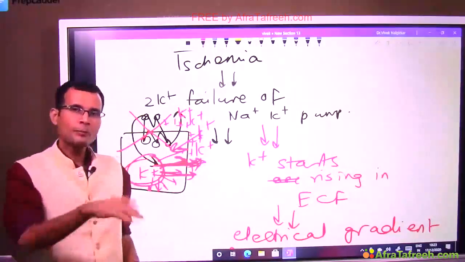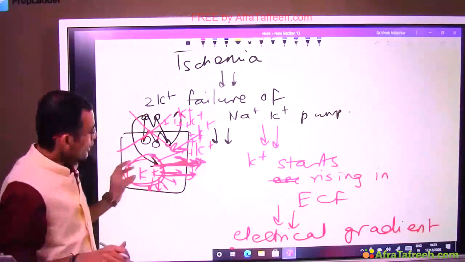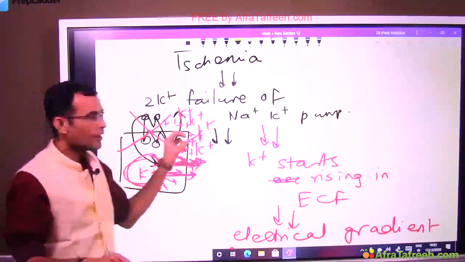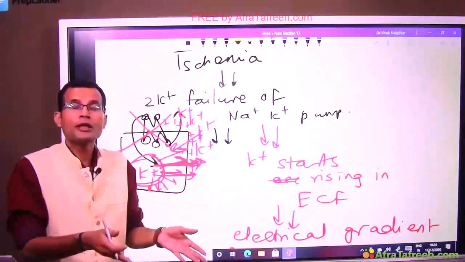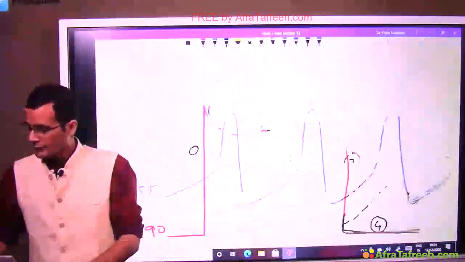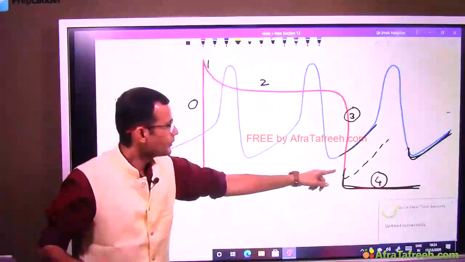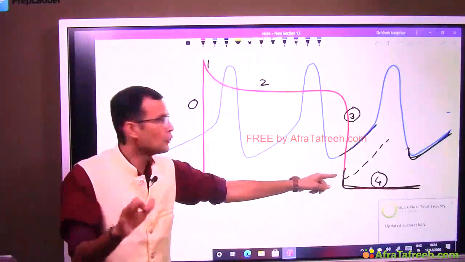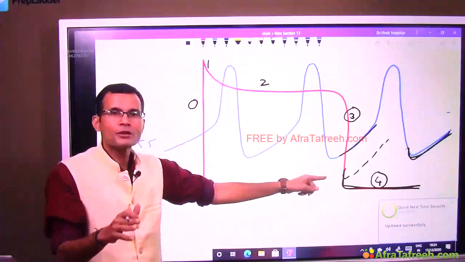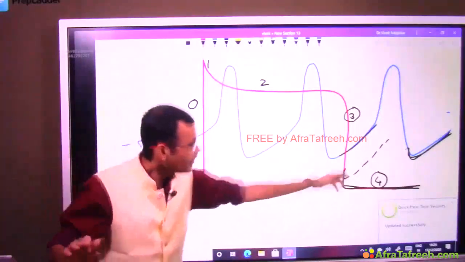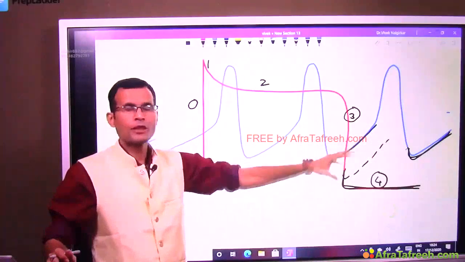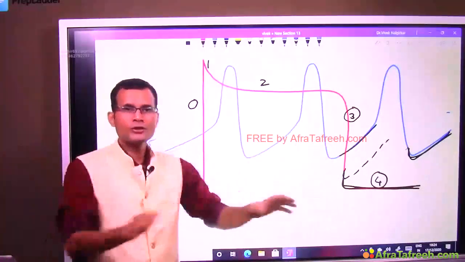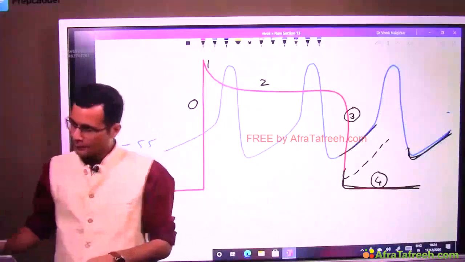Positive charges lining up on the inside of the membrane. So potassium coming, intracellular potassium coming near the membrane means membrane begins to depolarize. Yes, look at that. The repolarization could not be completed because potassium could not go out, and the next depolarization started for the membrane because potassium, instead of going out, just started lining up inside the membrane.